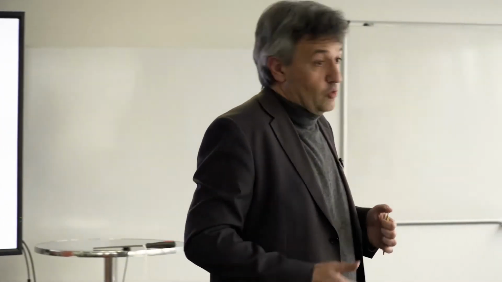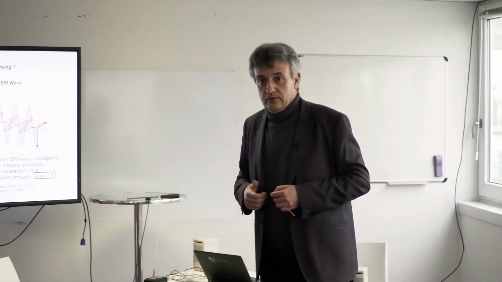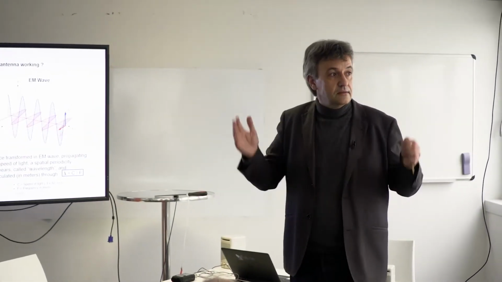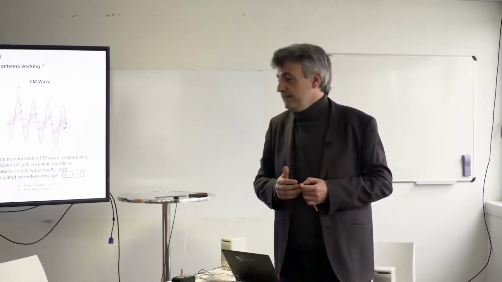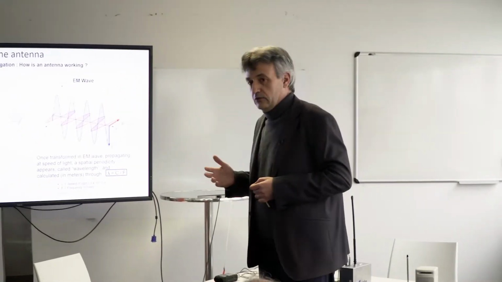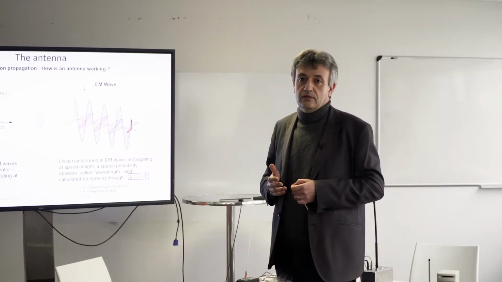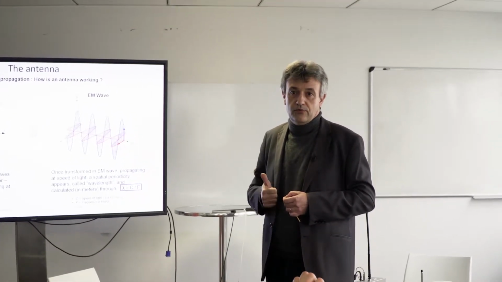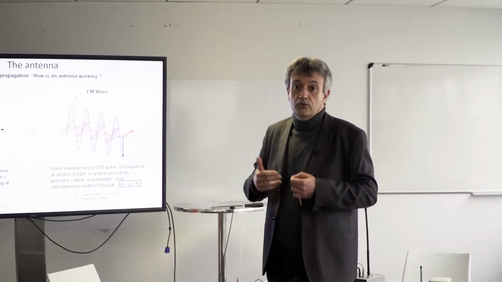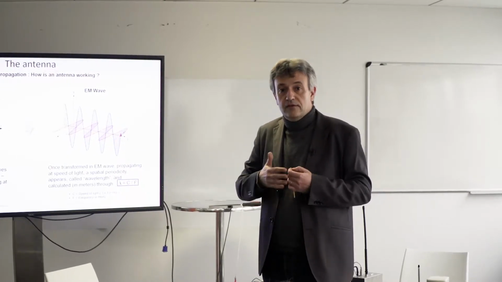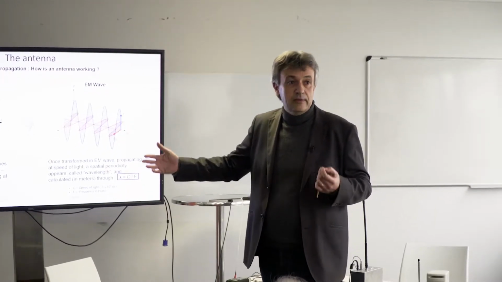Okay? So basically, if your electromagnetic field is vibrating at 1 Hertz, which is maybe not possible on Earth to make a transmitter at 1 Hertz, but in the sky, in the universe, it happens. Okay? So if you consider an electromagnetic wave at 1 Hertz of frequency, during one period your wave is traveling 300,000 kilometers.